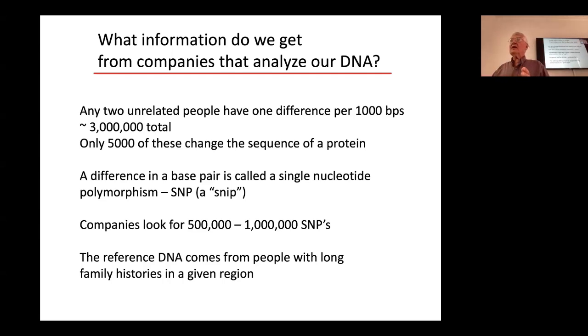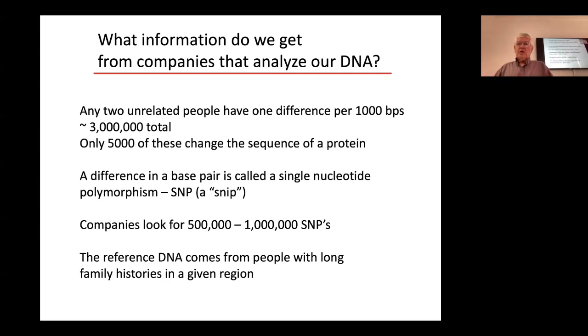And of those 5,000, most of those amino acid mutations do not affect the protein. After all, a typical protein will have 500 to 1,000 amino acids. If you change one of them, it's usually not in a critical part of the protein that's involved in catalyzing some chemical reaction. Most of these changes are okay.